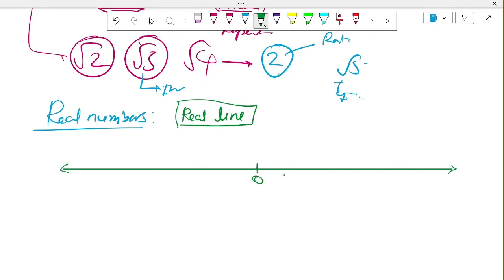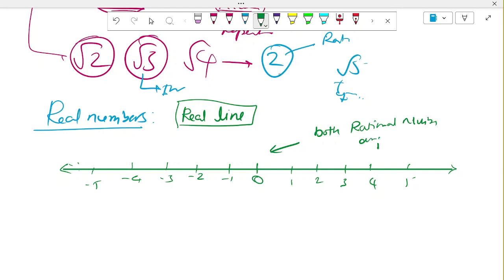I've got 0 here, 1, 2, 3, 4, 5, and minus 1, minus 2, minus 3, minus 4, and minus 5, and so on. If you look at this line, it contains both rational numbers and irrational numbers. You understood?